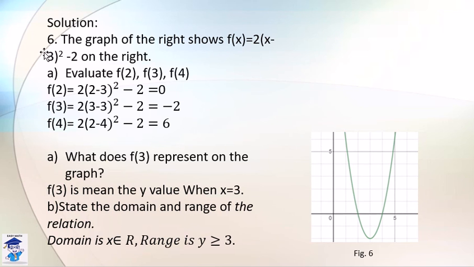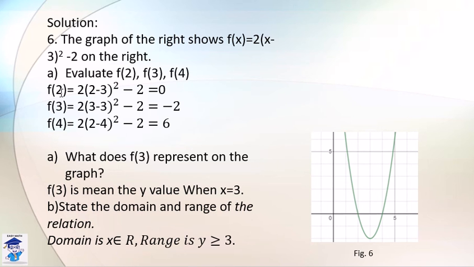For number 6, the graph is shown here. f(x) equals 2 times the perfect square of x minus 3, minus 2. Evaluate f(2), f(3), f(4).